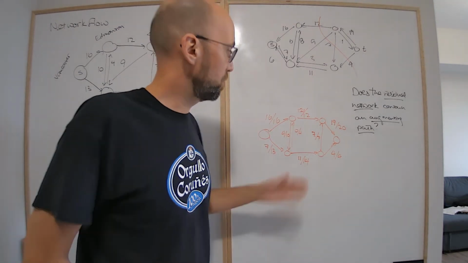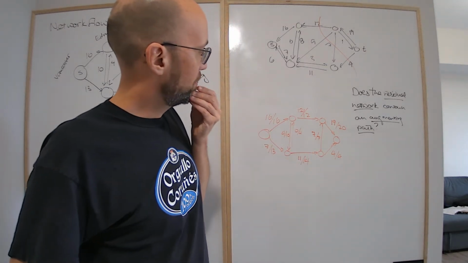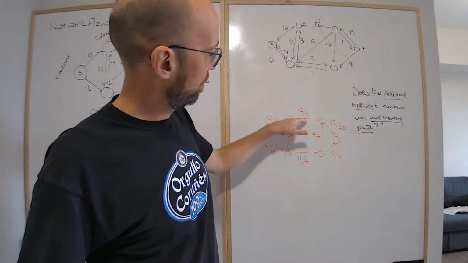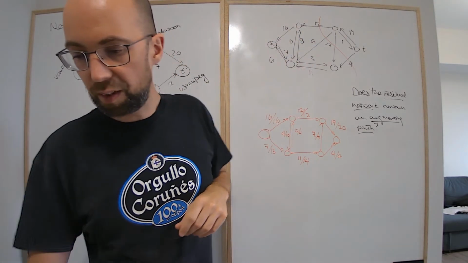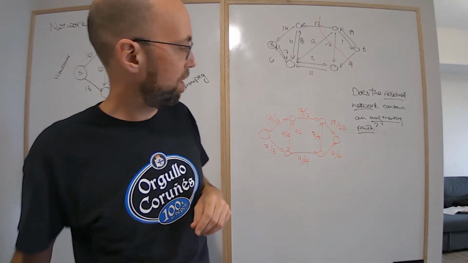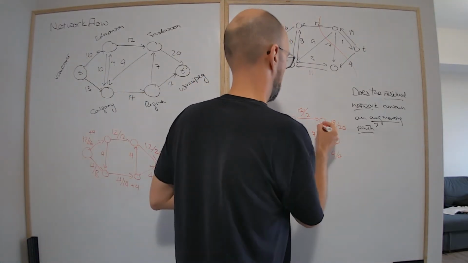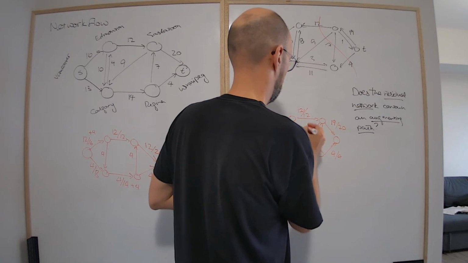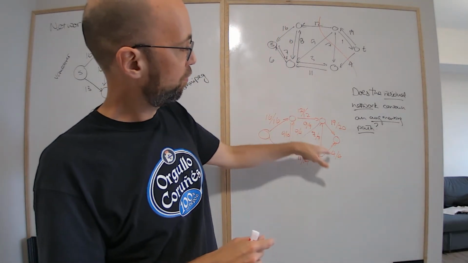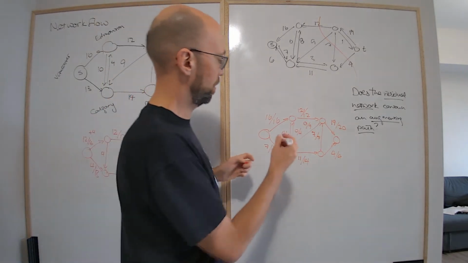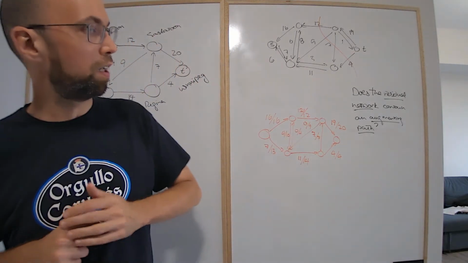So actually, you could see that by looking at these three edges. Oh yeah, I forgot to draw this line. If you look at these four edges, right? So this is going to be a blue cut.